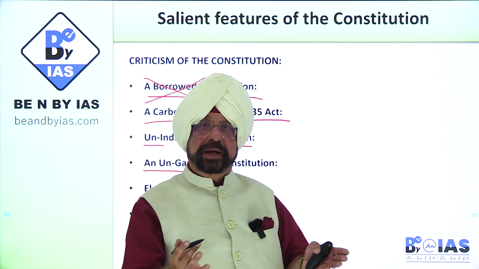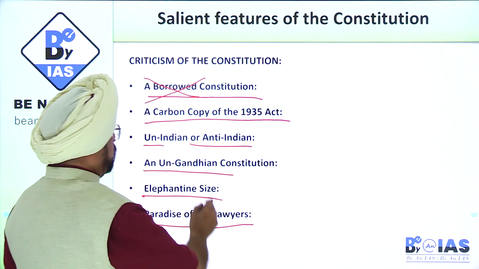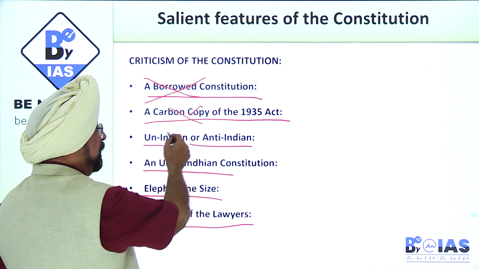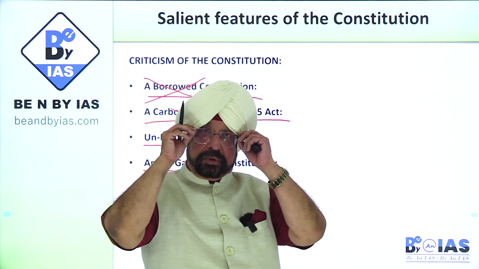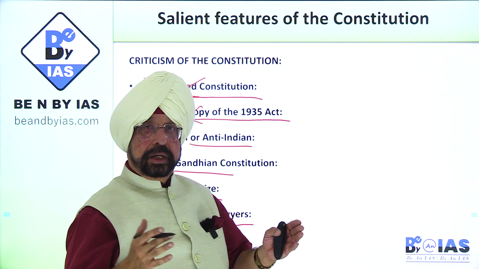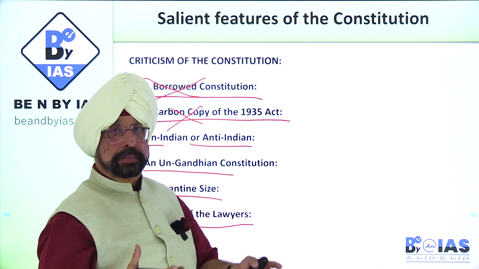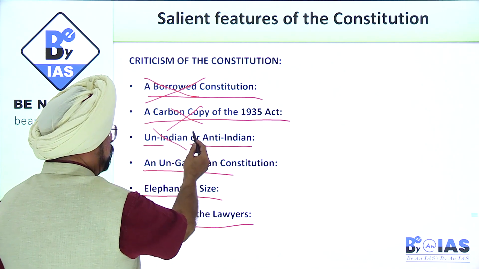According to that, we have tailor-made it, customized it. It is not a carbon copy. We picked up the essential features required for the governance of the country according to democratic principles and republican structure.